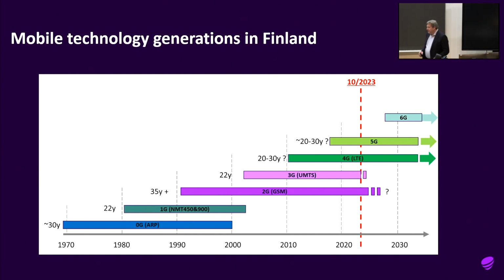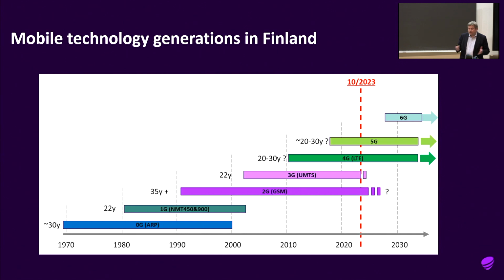Then I would say that the biggest change happened when GSM, the second generation, started. And as you can see, we are still working with second generation technology. We have GSM networks up and running, and we don't even have a plan for how long we are going to continue. There are discussions ongoing with the Finnish governmental services and authorities about how long that technology should continue.